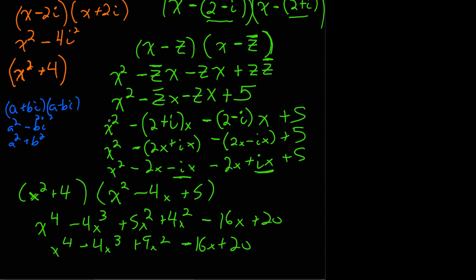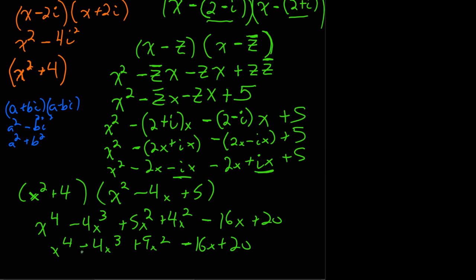That's good. x squared, so minus 2 plus i, so negative 2x minus ix. That's good. Minus 2x. Yes, those cancel out. That gives me that and that. Yep, and so we've got our solutions.